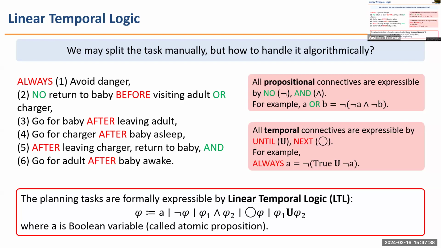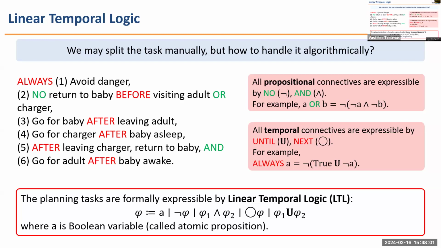And we don't need too many extra symbols. We just need 2 of them. One is until, the other one is next. And with these 2 symbols, we can express everything like before, always, after, all of them. And that basically boils down to a symbolic language. All the other things, like the labels in the task, can be handled by Boolean variables.